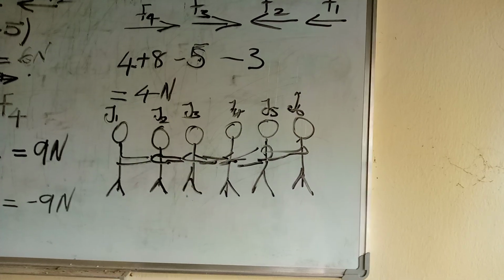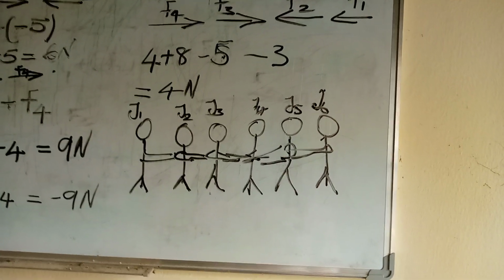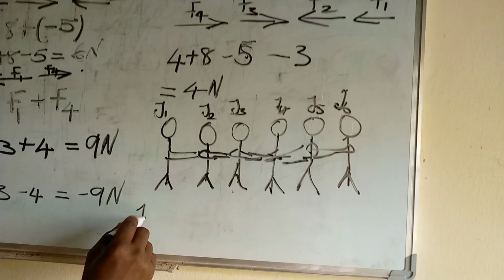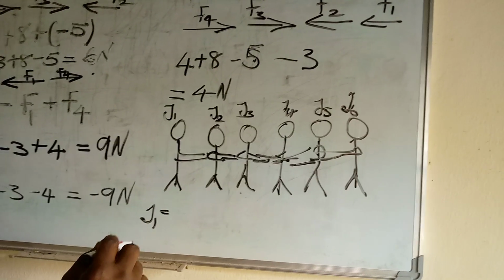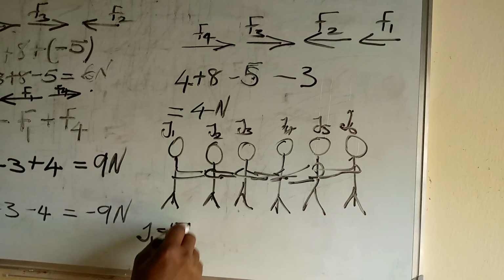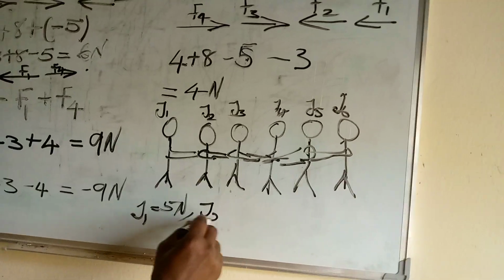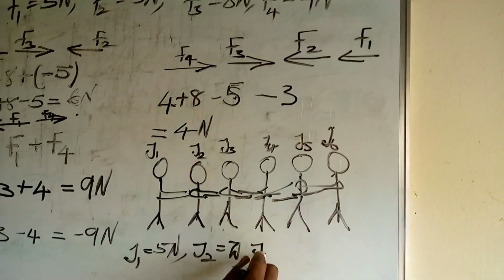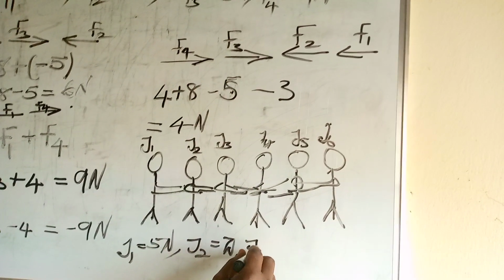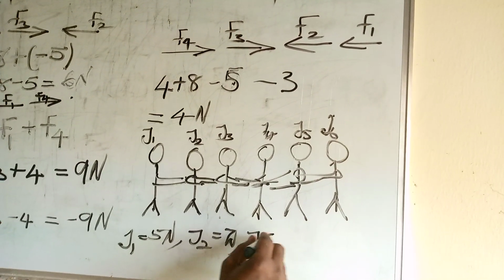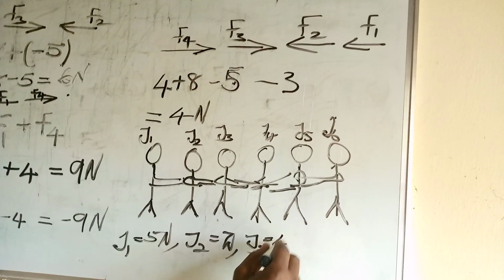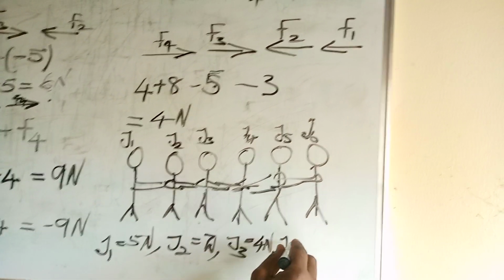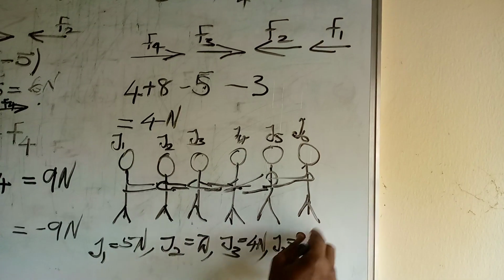Now, if the amount of pull, J1 is bringing 5 newtons. J2 is bringing 7 newtons. J3 is bringing 4 newtons. J4 is bringing 2 newtons.